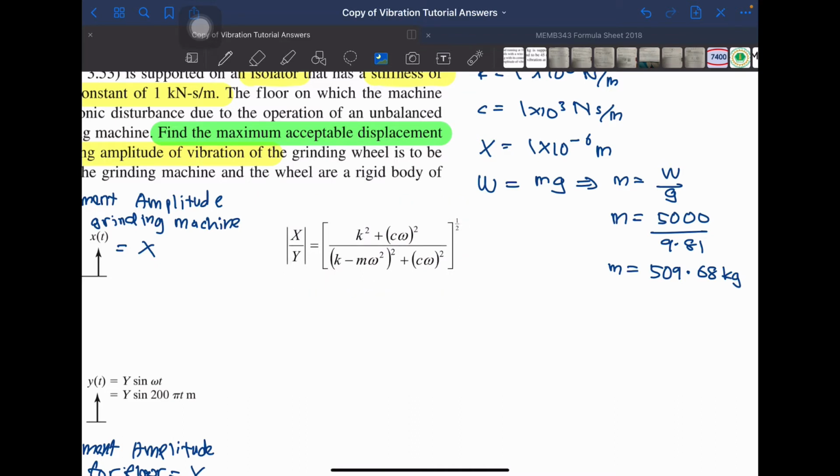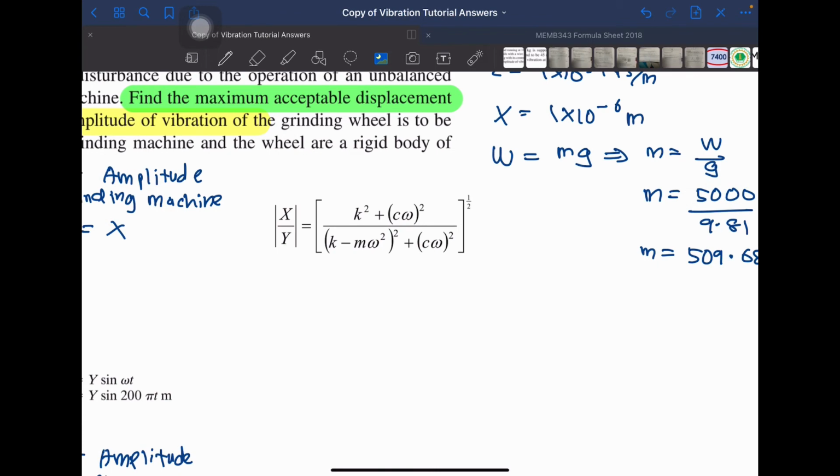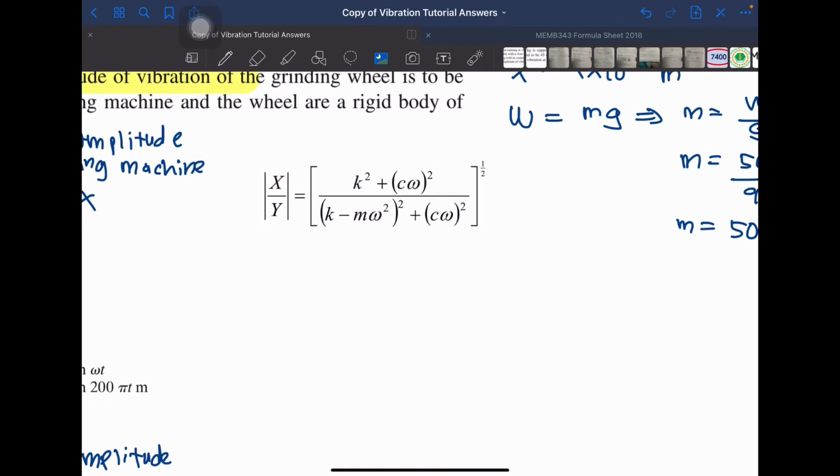Remember, whatever formula you use where the subject is an amplitude, whether it is x or y, it is always the modulus, because amplitudes cannot be negative. Substitute all the values since we already have all of them.